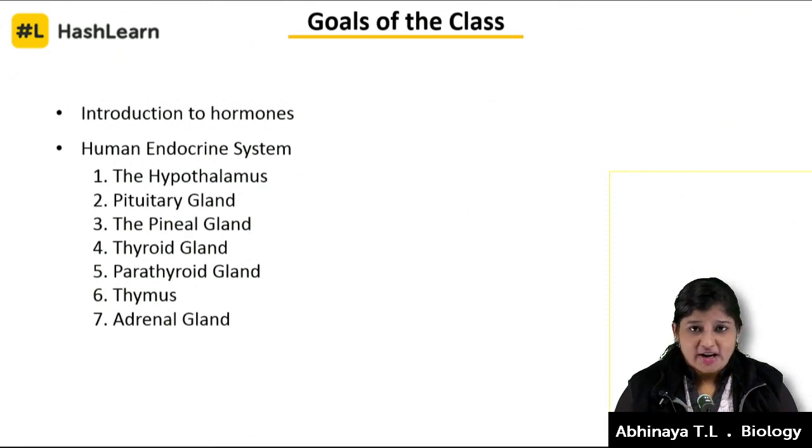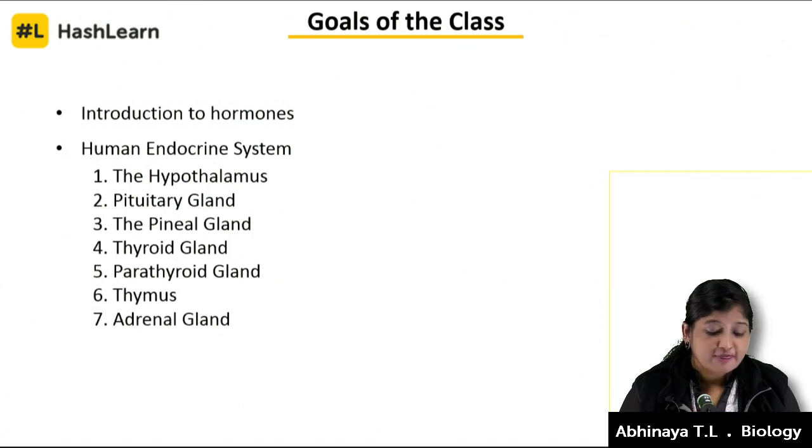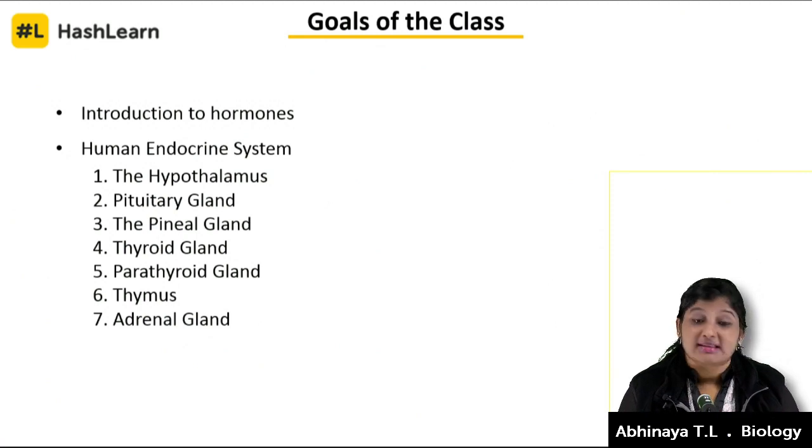Today we'll see whether we can crack these 7 endocrine glands: the hypothalamus, pituitary gland, pineal gland, thyroid gland, parathyroid gland, thymus and adrenal gland. Let's see if we can crack all the endocrine glands, which is the nailed down goal of our class.